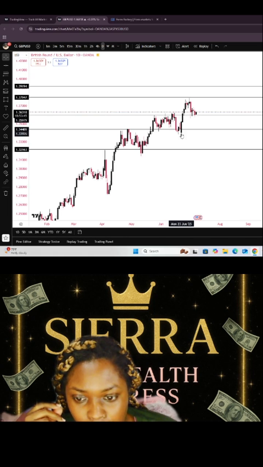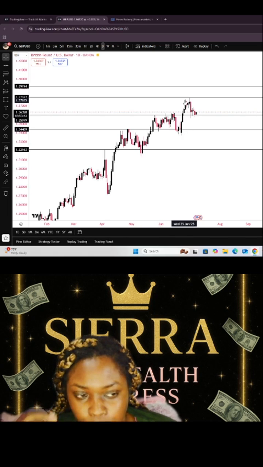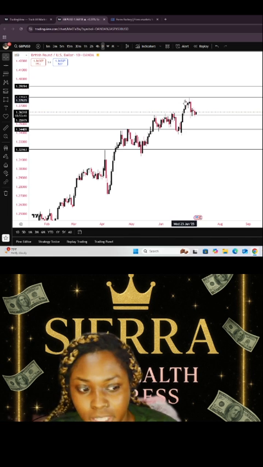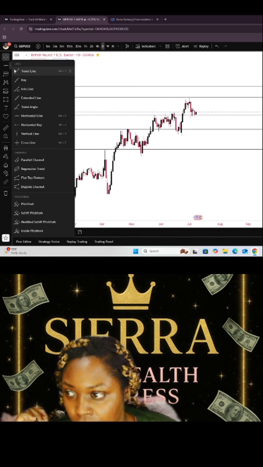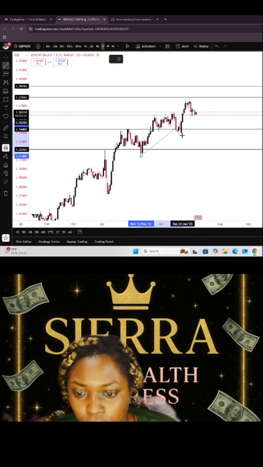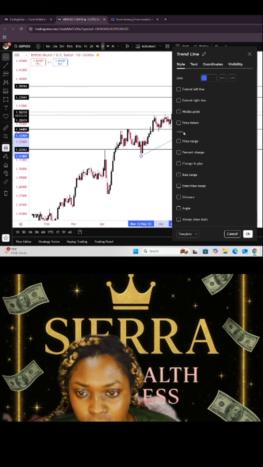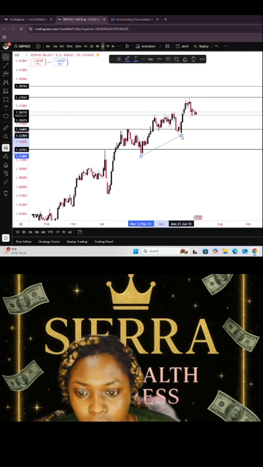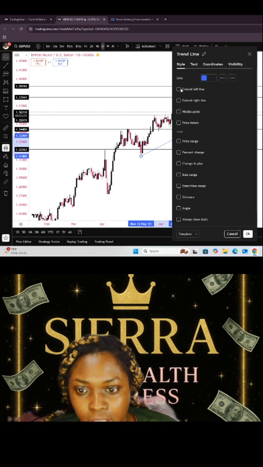Price came down, rejected it, price brought. So now I can just take my trend line tool, and my magnet tool, and I'm going to go to my first point of rejection and draw it out to my second point of rejection. I'm going to double click it and then click extend line to the right.